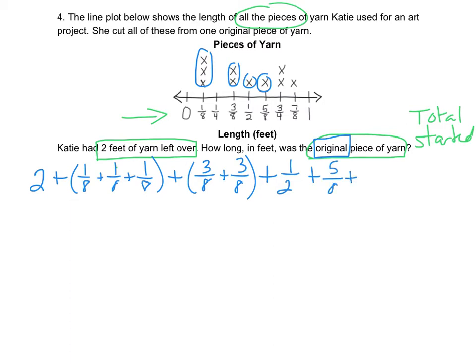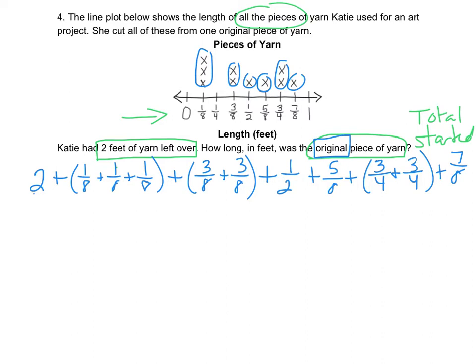I may run out of room. 2 3/4. So I'm going to group it in parentheses. And last but not least, a 7/8. So I have my 2 feet that were left over.